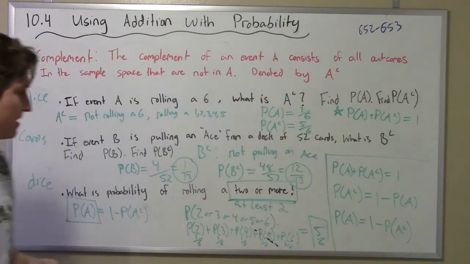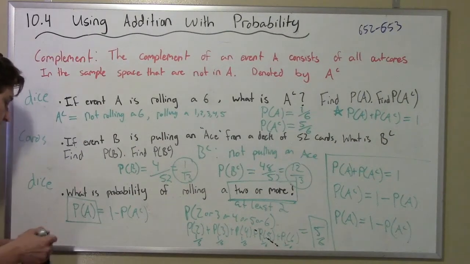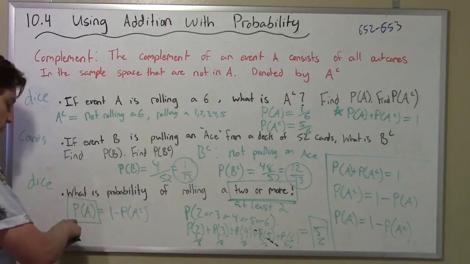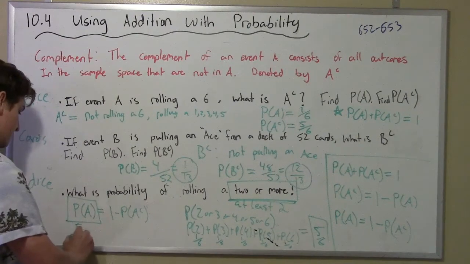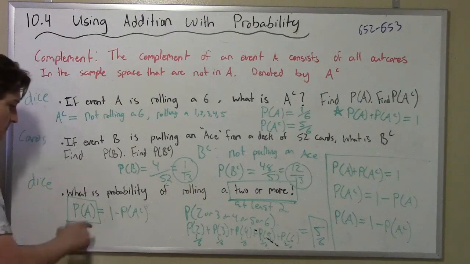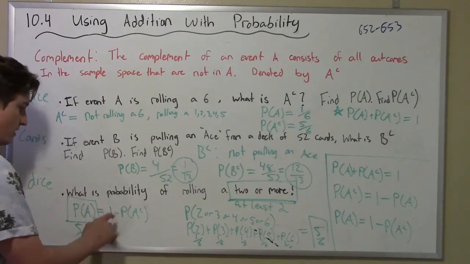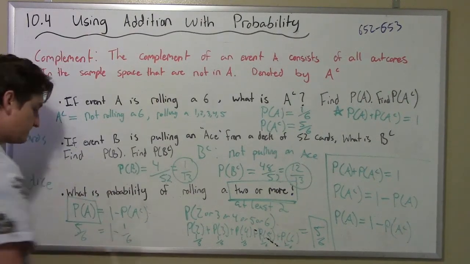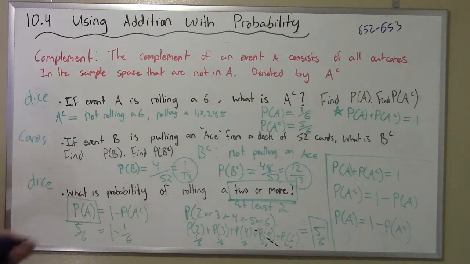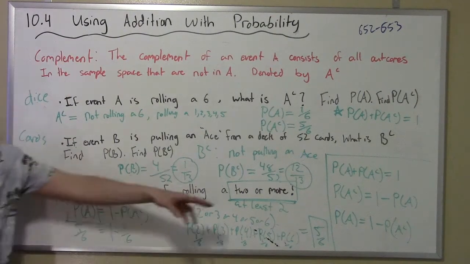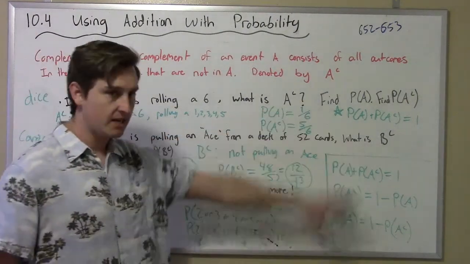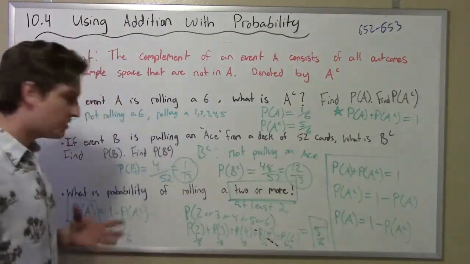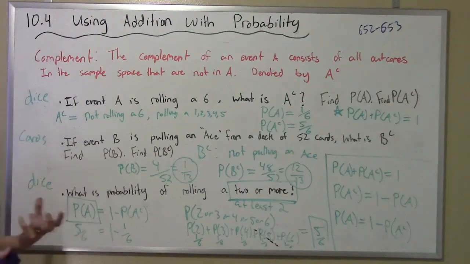Which is what we found anyway. So whether you find the probability of rolling a 2 or more the long way, that's 5 over 6, or you do 1 minus the probability of rolling a 1, either way we're going to get 5/6. So using these counting principles, and understanding what the complement is, will help you make a strategic choice on which way you want to go.